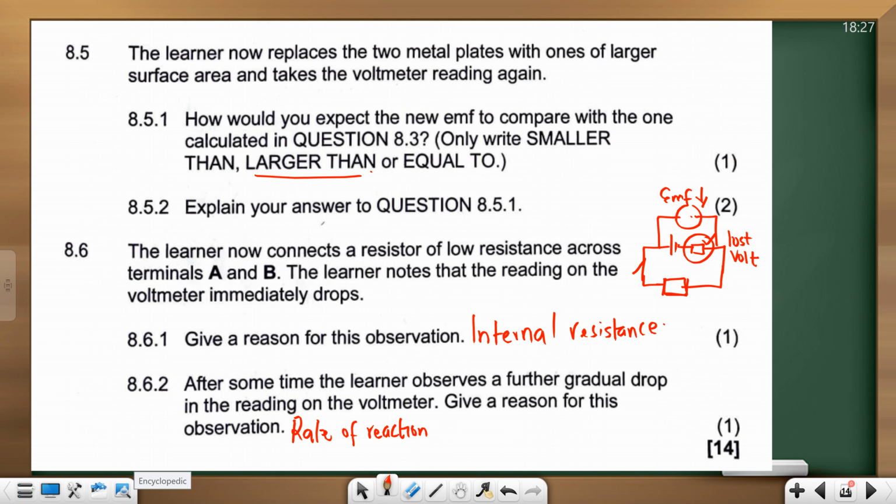Okay, what's your answer here? The answer is because you are nearing what? Completion. Is that okay? We are nearing what you call chemical equilibrium.